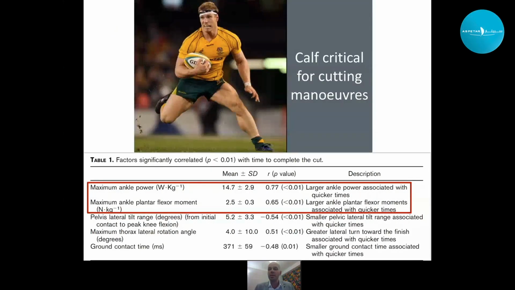But we also need to think about the calf complex and therefore the Achilles as being relevant to other non-straight line tasks like cutting maneuvers. I apologise because I've missed the reference off this. This comes from work from Sports Surgery Clinic over in Dublin. So it's Enda King's work, showing there's a strong relationship between the plantar flexor power and your ability to cut at speed.